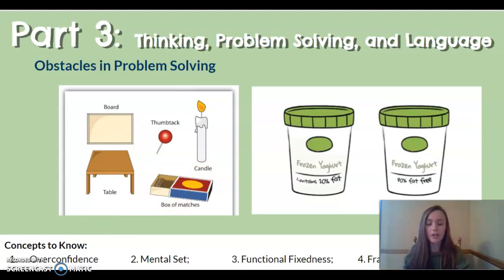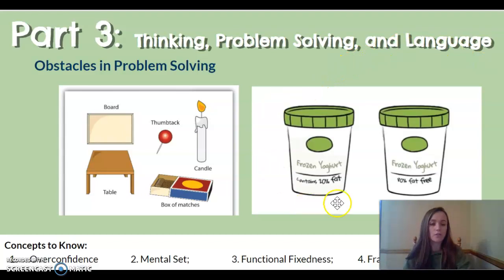The last part of problem solving and having trouble making the best decisions, these obstacles to making the best decision, is framing. Framing is when you present an issue a certain way, and the way you've presented that issue impacts the way that you make a decision. So the way that you frame something can shape the decision you make. This is actually the same yogurt, but if we frame this differently, it might influence the yogurt that you choose to buy.